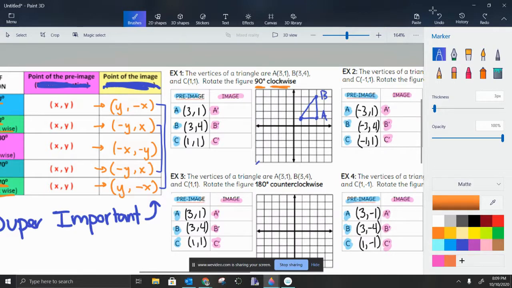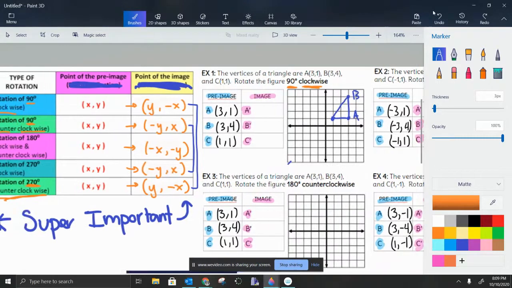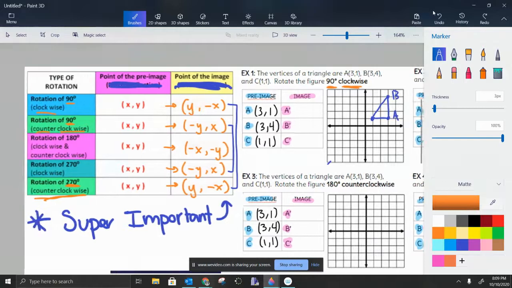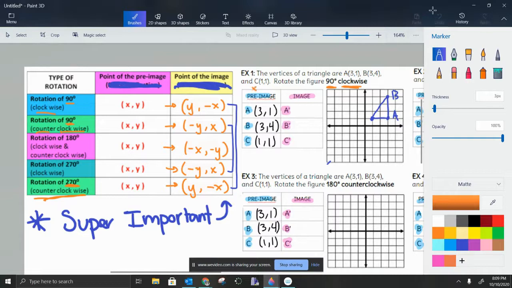Now, this is actually very simple using our rules. So let's find our 90 degrees clockwise rule. So for the 90 degrees clockwise, we're going to change (x, y) to (y, -x). So what this is telling me to do is I'm going to flip the order of the numbers.